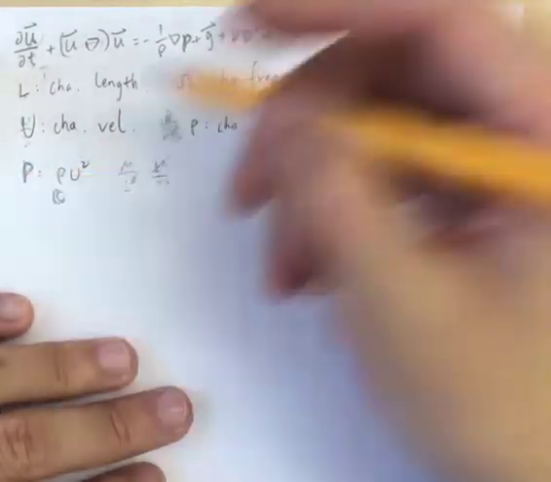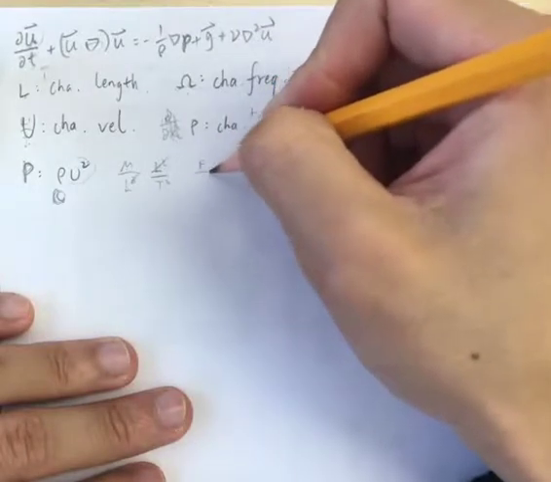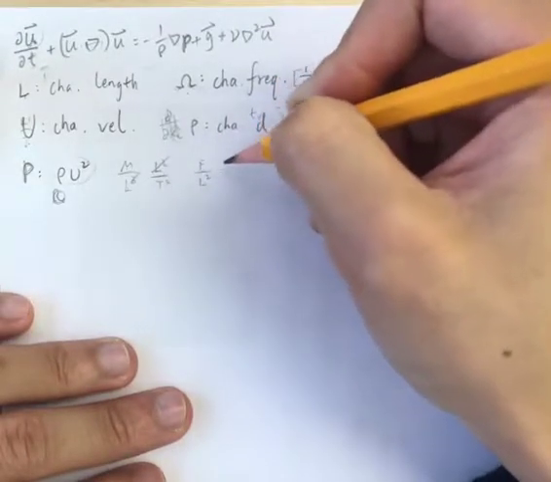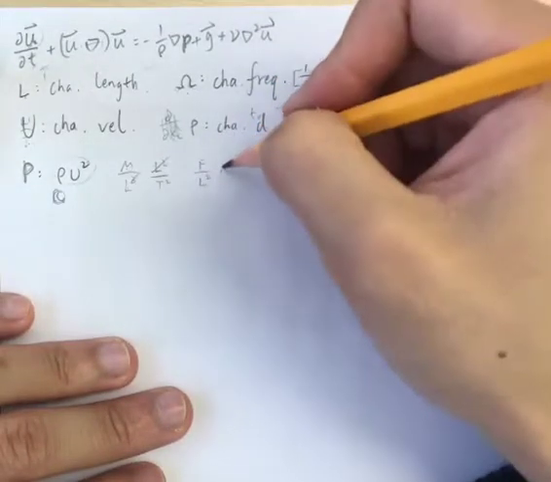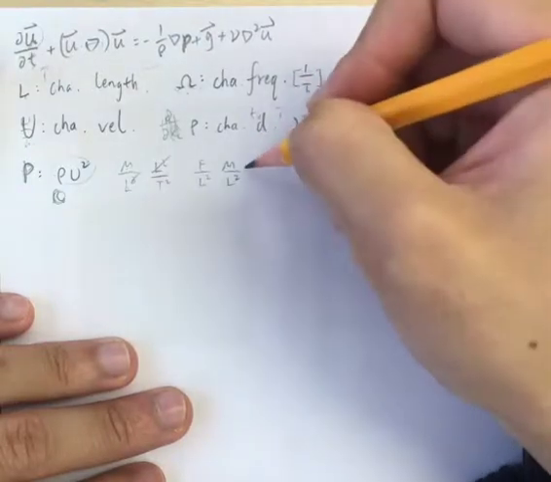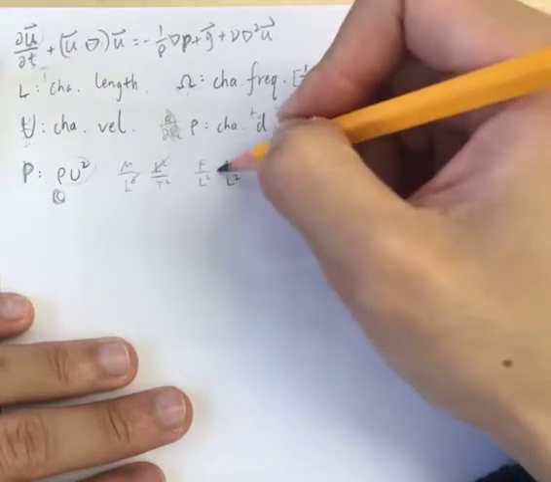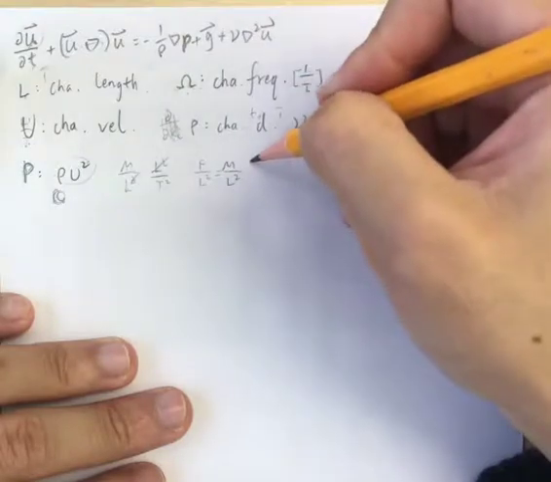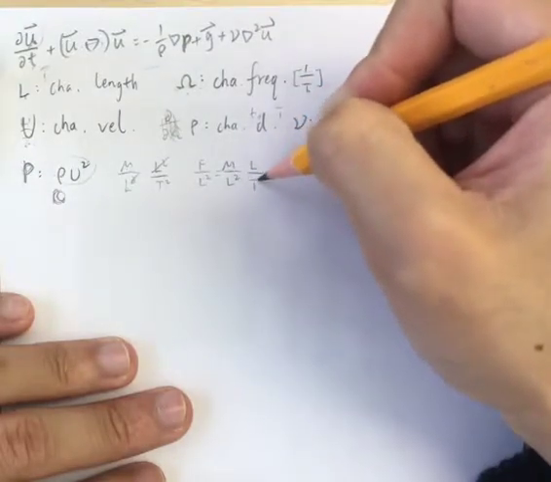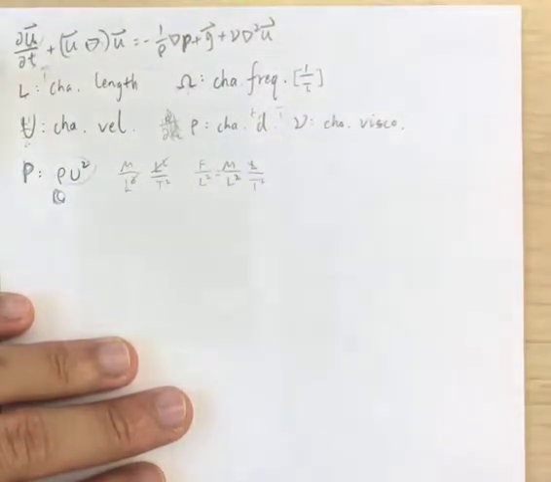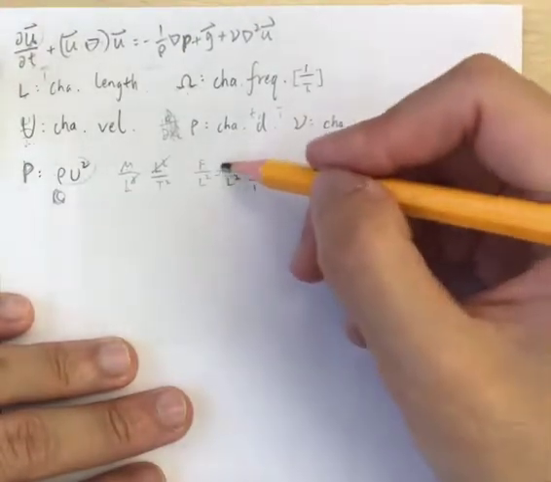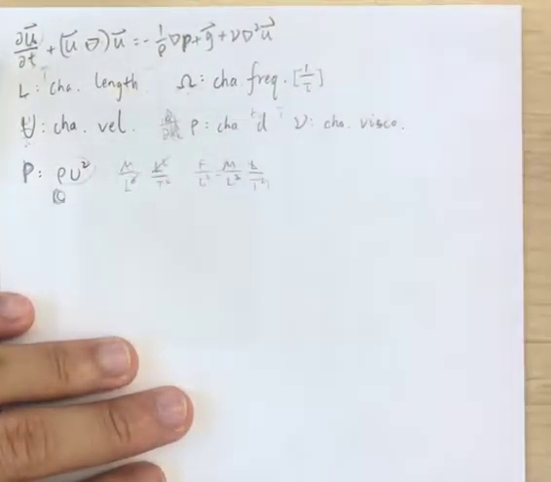What's the dimension of P? It's force over area, right? And force is ma. M times acceleration, which is acceleration L over T squared, right? M over L T squared, exactly the same thing.